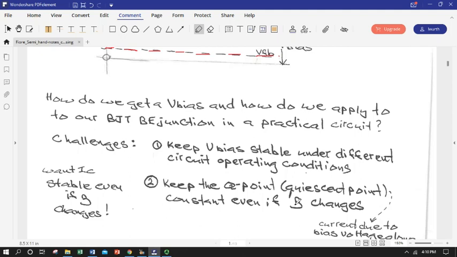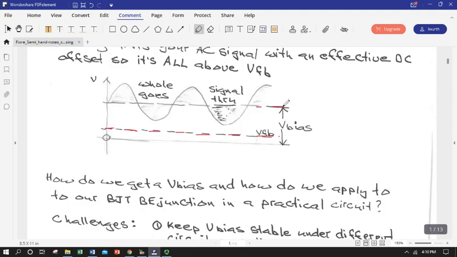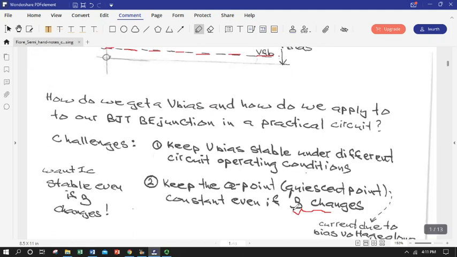And the biggest challenge to that is the fact that our beta will change. So if we are simply applying one bias voltage and then we operate the circuit, this could easily change as a result of changes in beta.